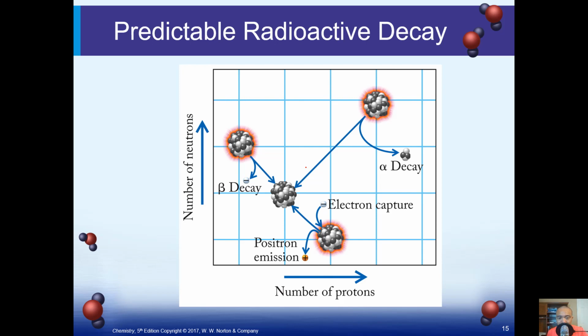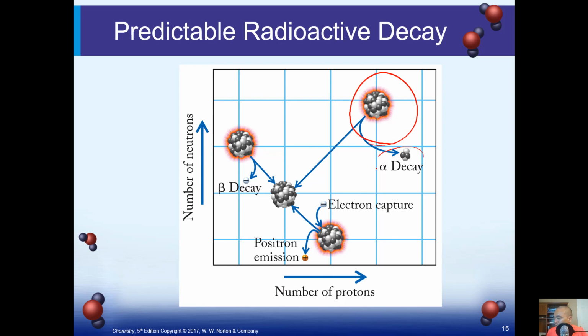Let's emphasize this one more time. For the isotopes with atomic number greater than 83, these radionuclides are also beyond the band of stability.